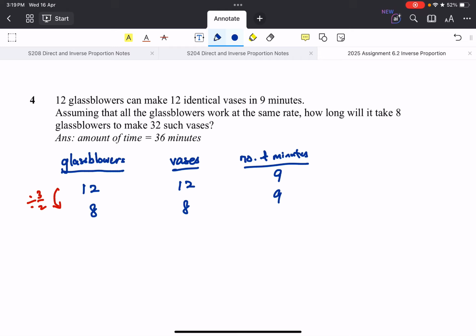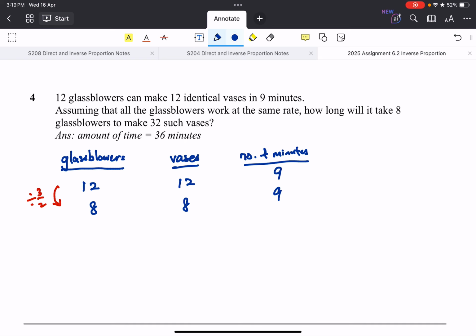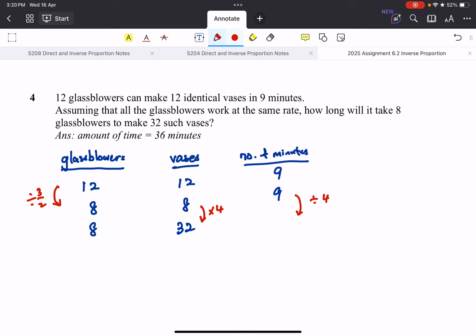But now I want 32 such vases, and I'm going to still have 8. Now the number of minutes is inversely proportional. So from 8 to 32, I actually multiply by 4, which means over here I should divide by 4. So 9 divided by 4 will give us 2.25 minutes.